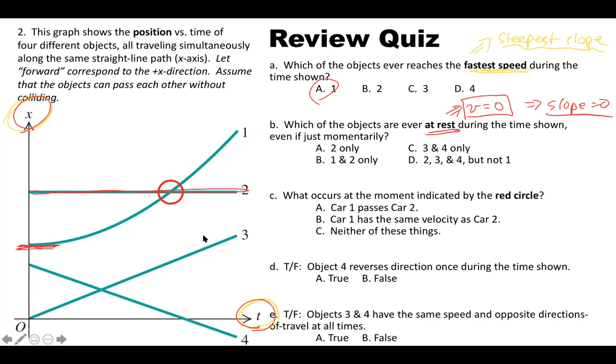So I think the best answer here is B. Object 1 is very briefly at rest at the start of the scenario shown here. You can think of this as like a movie playing from left to right as time proceeds forward. And then object 2 just sits parked continuously at rest at whatever position this is right here. All right. Clean up my graph just a little bit.